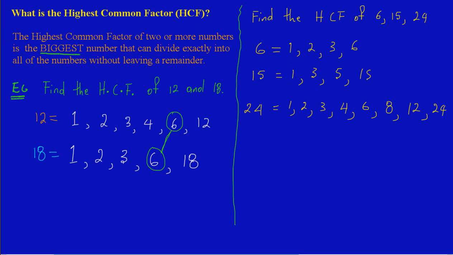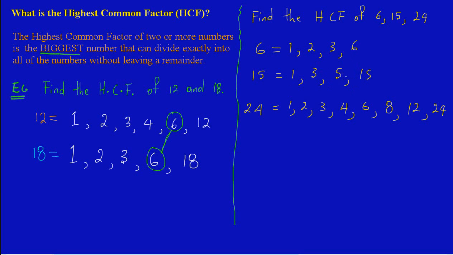When I check carefully, I see a 1 here, a 1 appears in all three, but that's not the largest. 2 appears here, it doesn't appear here, so I have to skip that. I see a 3 here, a 3 here, and a 3 there. But when I increase, I have a 6 here and a 6 here, but I don't have 6 here.